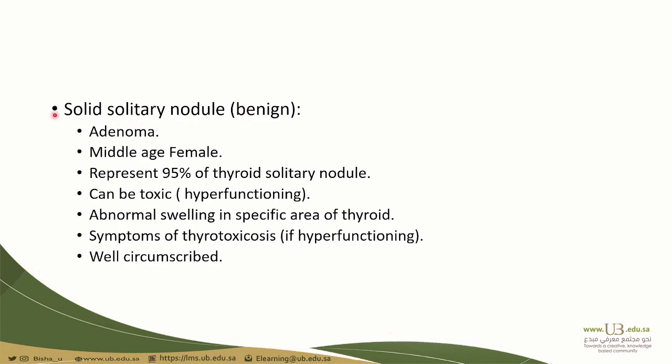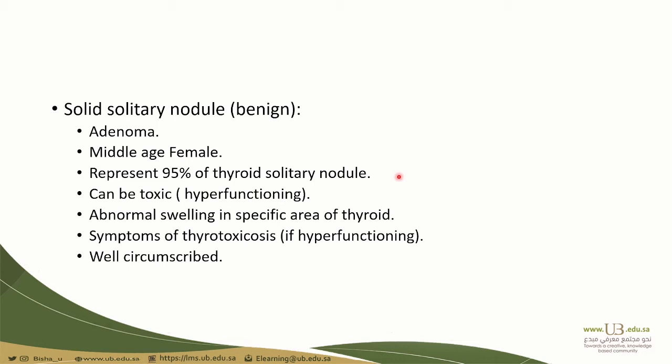Solitary nodule, benign, usually it is adenoma, and most of the patients are middle-aged females, representing 95% of thyroid solitary nodules. It is very common. If you do screening for a 50-year-old female population, you will find that 50% of them will have thyroid nodule.